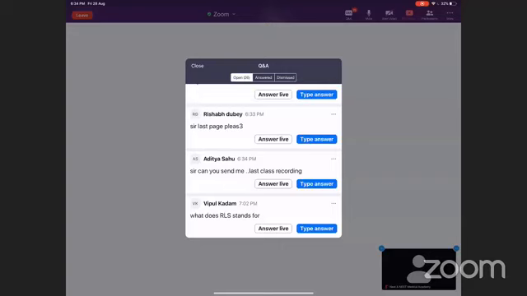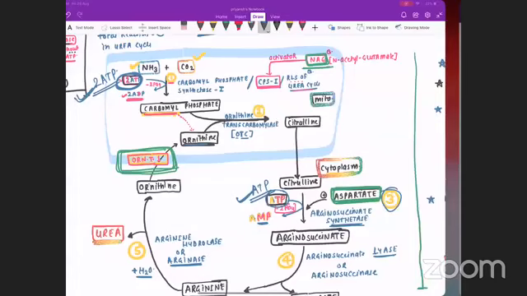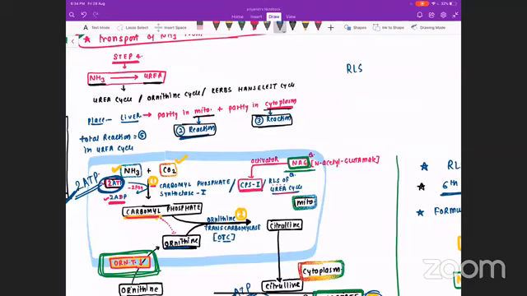RLS stands for rate limiting step. We have a rate limiting step in each and every cycle. The rate limiting step of the urea cycle is going to be CPS1.